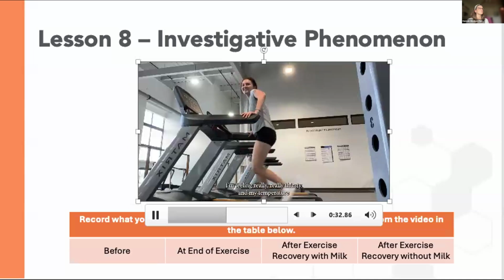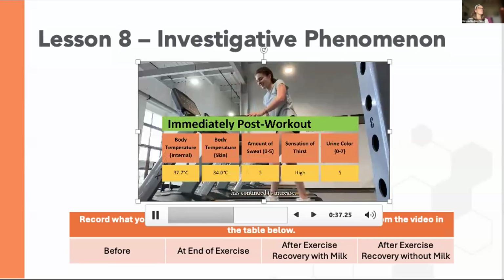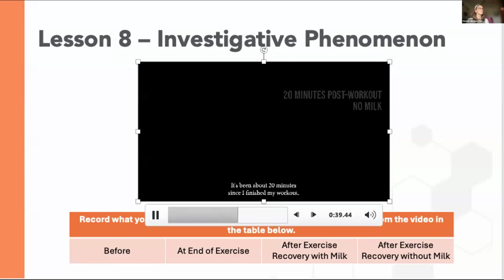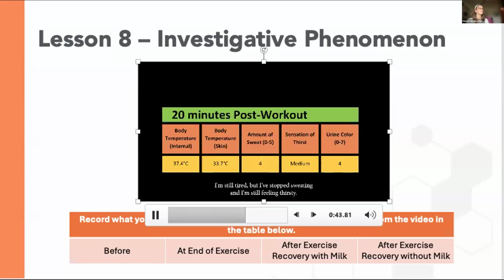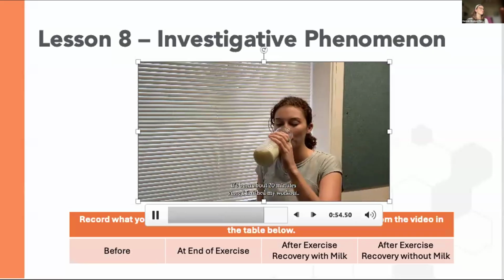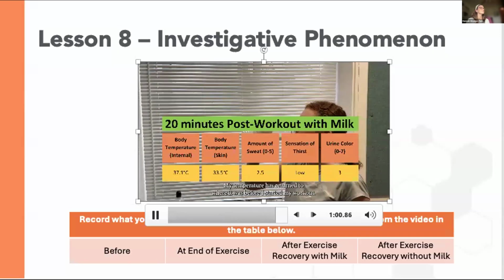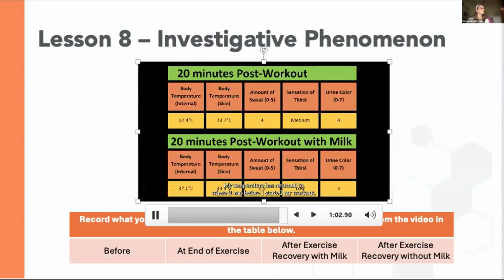I'm feeling really, really thirsty, and my temperature has definitely continued to increase. It's been about 20 minutes since I finished my workout. I'm still tired, but I've stopped sweating, and I'm still feeling thirsty. My temperature has returned to where it was before I started my workout. It's been about 20 minutes since I finished my workout. I'm still a little tired, but I've stopped sweating. I'm not feeling very thirsty. My temperature has returned to where it was before I started my workout.